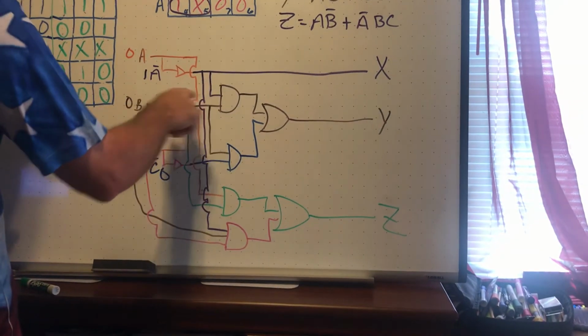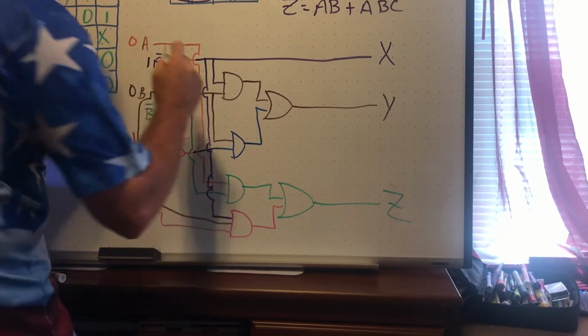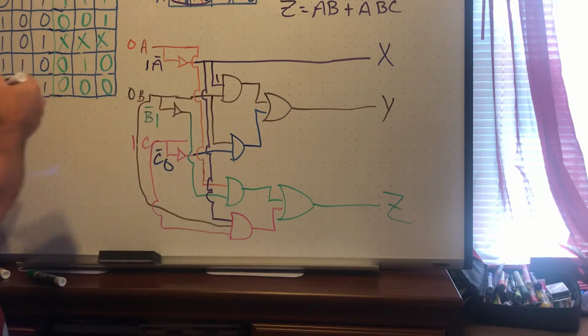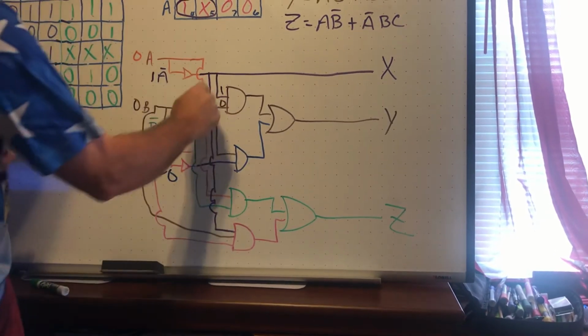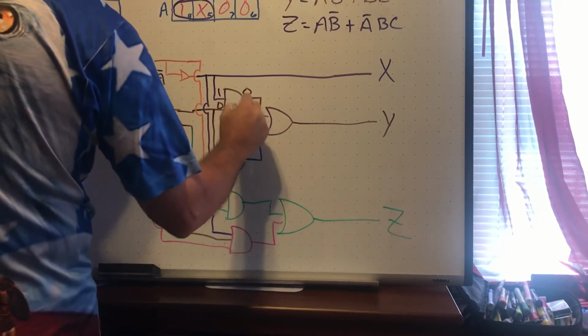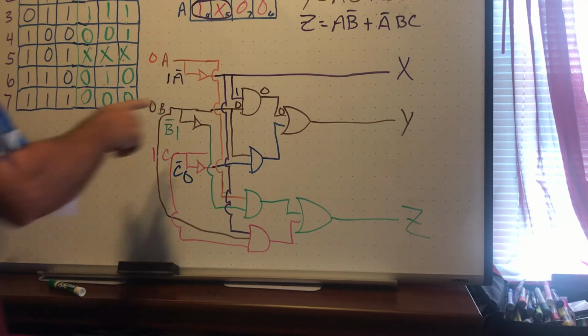Well, we got A naught coming here, so we got a 1 on here. And we got B coming, so we got a 0. Well, 1 and a 0 into an AND gate gives me a 0 out, so I got a 0 going in there. So let's go to my next AND gate.